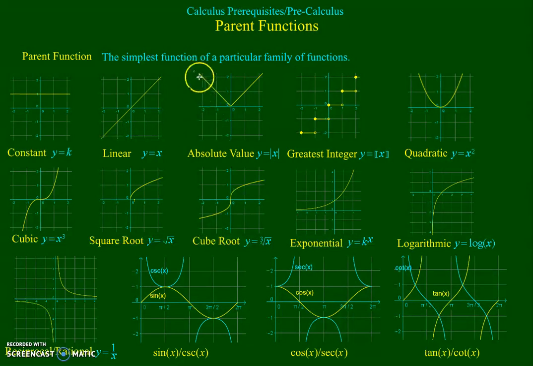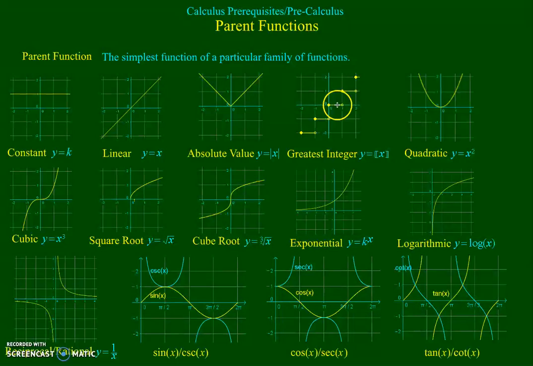Then we have absolute value. They look like V's, either upside down or right side up. And a strange looking function is the greatest integer function. Hopefully you've seen these in the past in pre-cal. They're discontinuous stepwise functions where the value of the dependent variable moves in jumps. No matter what your x value is, from 0 all the way up to but not including 1, the y value is always 0.